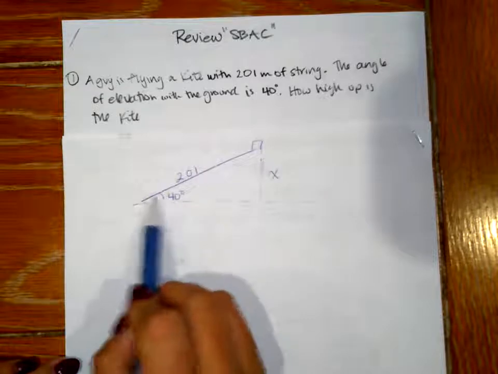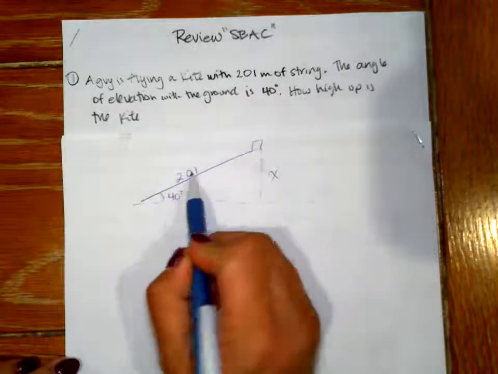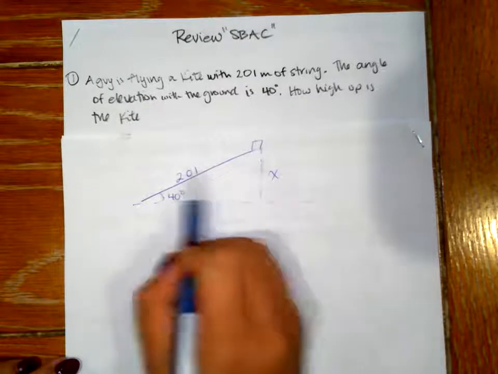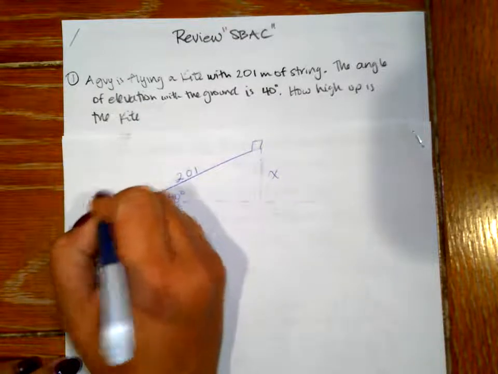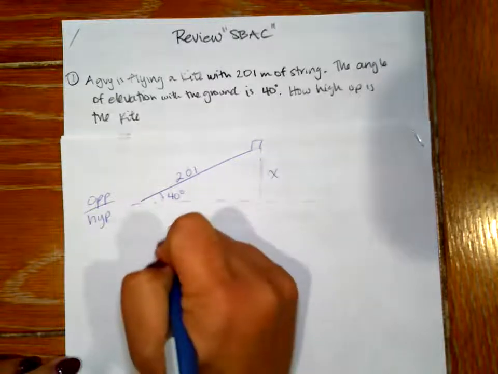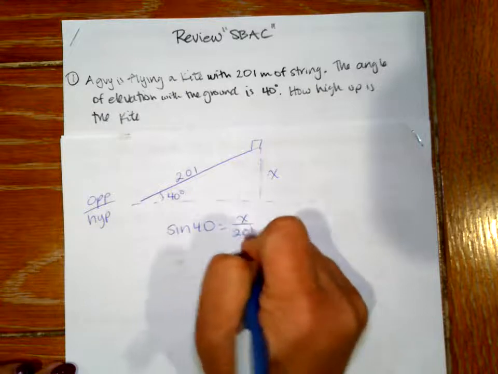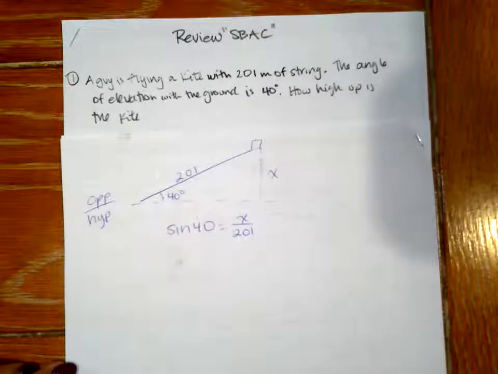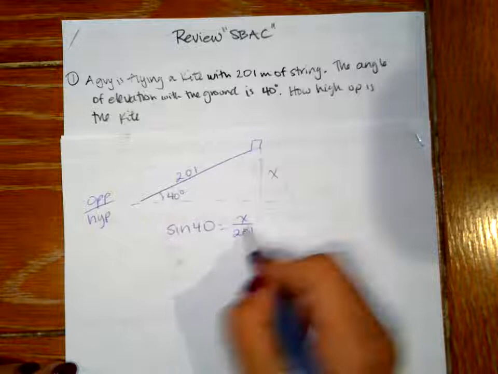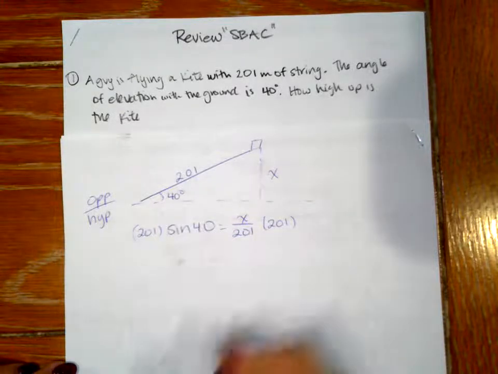All right, so I'm here, looking for the height. I have opposite over hypotenuse, which is sine. So I have sine of 40 equals x over 201. I need to get x by itself, so I'm going to multiply both sides by 201.